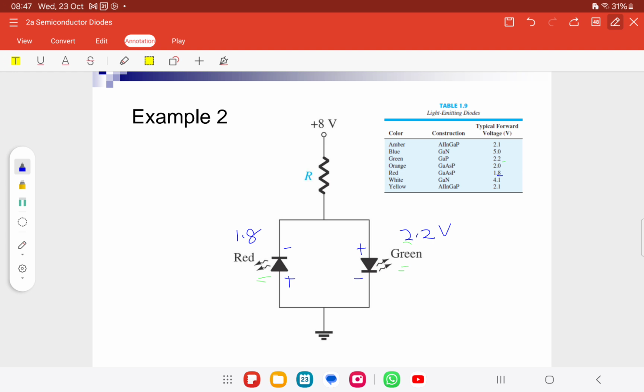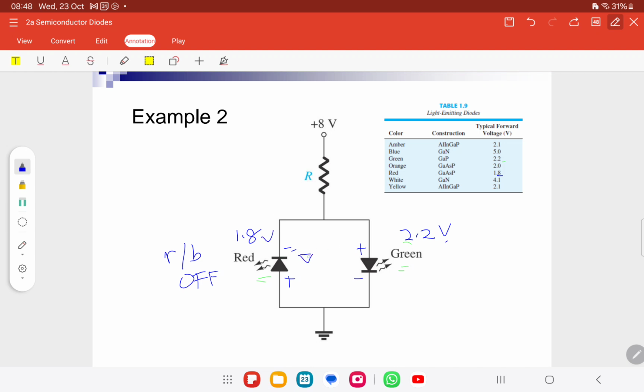Why green? Because this one is open circuit, because it is negative. It is reverse bias, off. It is given that voltage, but because it is off.